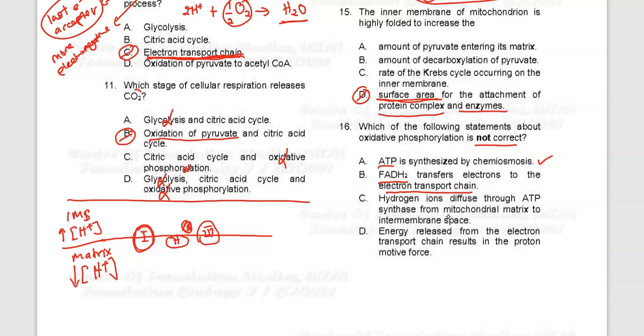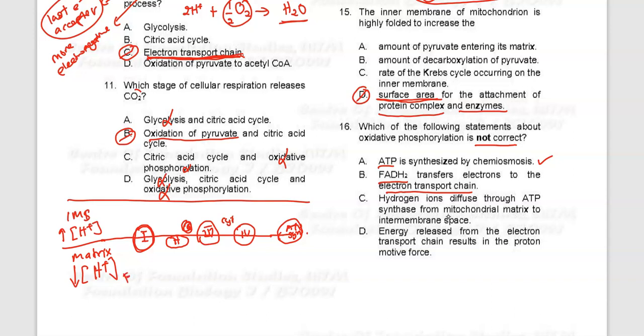Then you have complex 4, and in between 3 and 4 you have the cytochrome C complex. Here you have the ATP synthase.